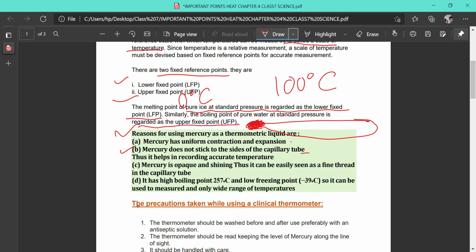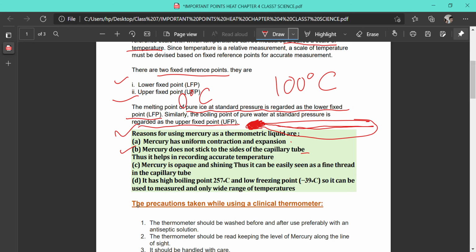If we put the bulb end in our mouth or in the armpit, the mercury level will rise in the capillary tube. While it rises and falls, there is no sticking of the mercury to the wall of the thermometer. That is why mercury is used, and it helps in recording accurate temperature.